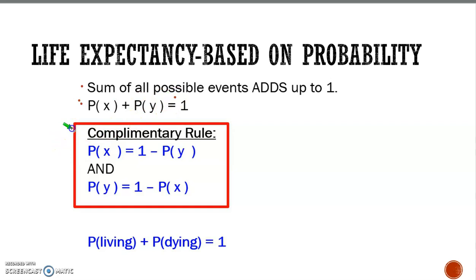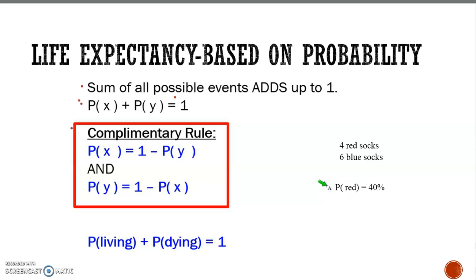You do have to know the complementary rule. If I told you that you had a pile of 4 red socks and 6 blue socks, the probability of picking a red would be 40%. 4 out of 10, 40%.